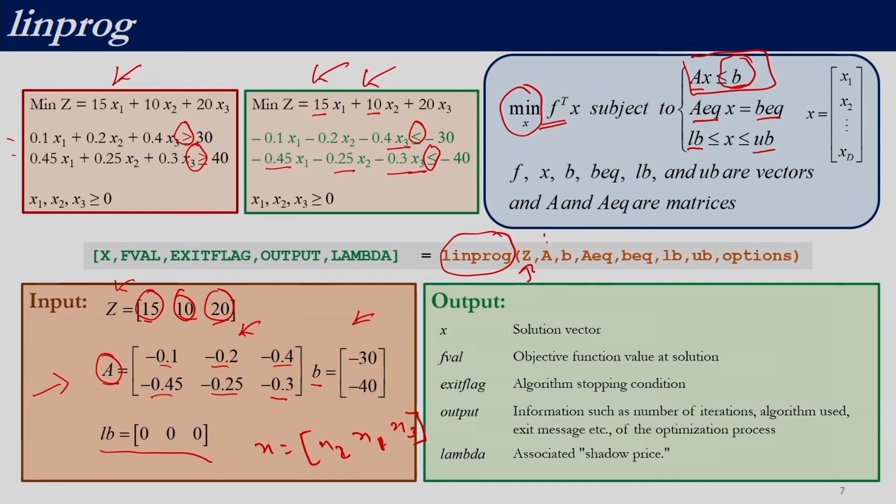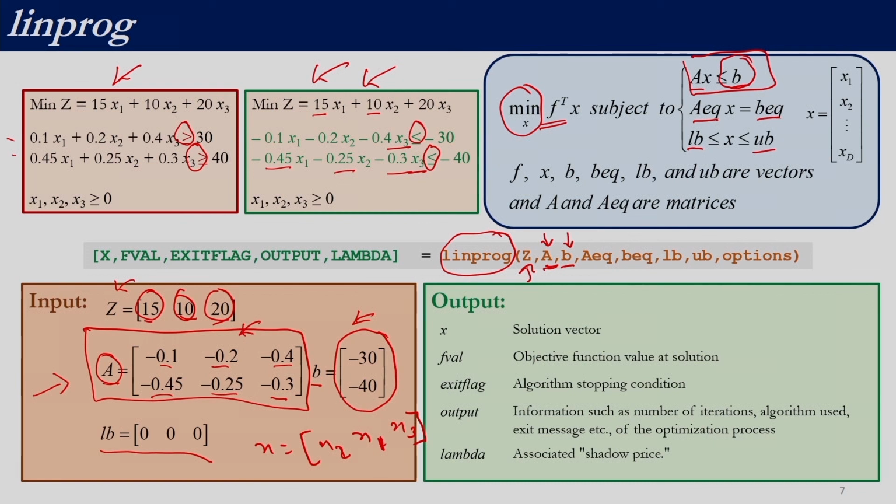The second variable and the third variable represent the inequality constraints. The second variable should contain the coefficient matrix of the inequality constraints, which for this problem is given over here. So that is A. B is the right hand side values of the inequality constraints. In this case we have minus 30 and minus 40, so B will be minus 30, minus 40.